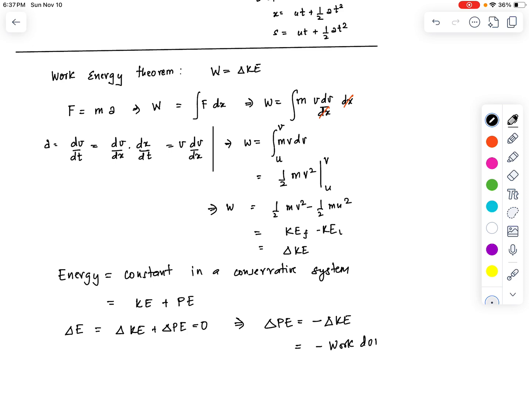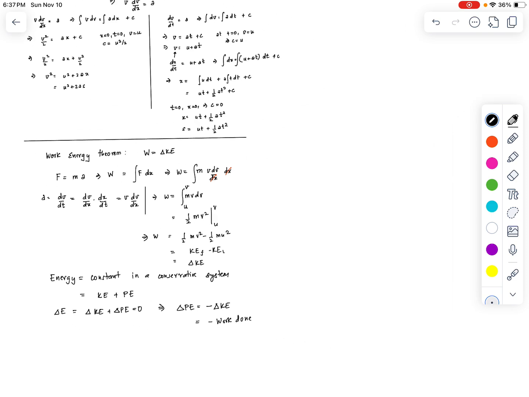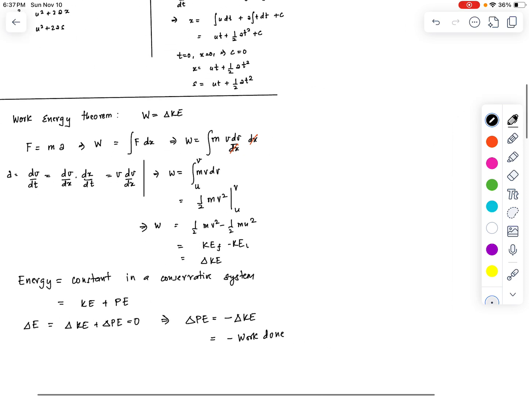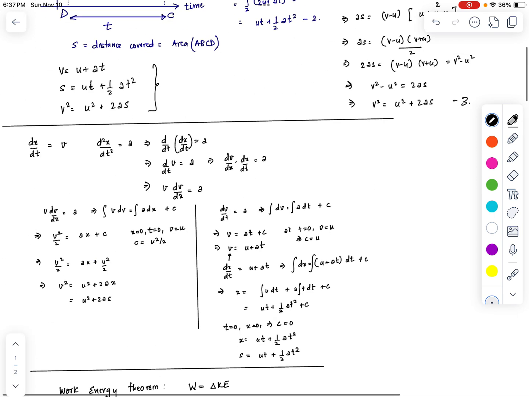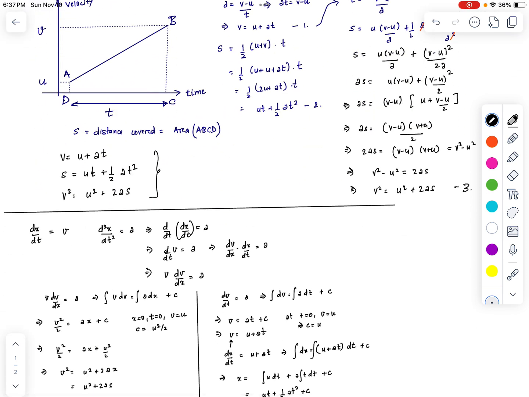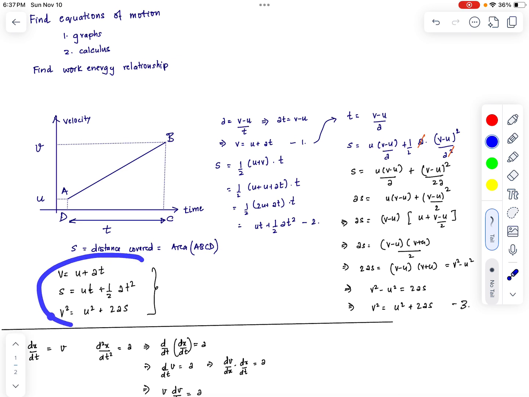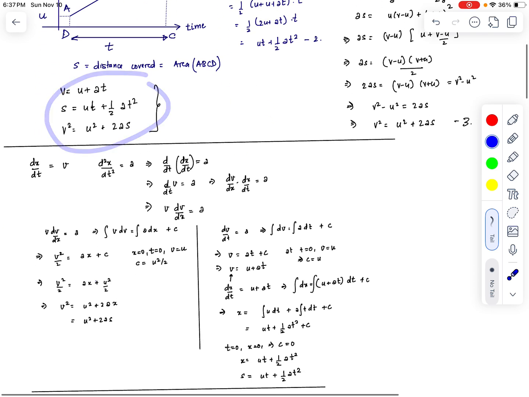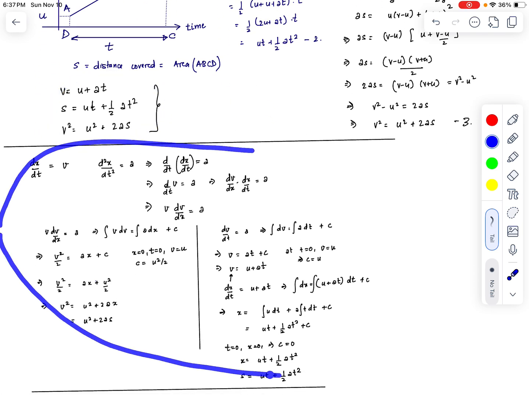Okay, so here we have looked at some calculus ideas. We have looked at some graph based ideas to derive some equations, right? So to recap, we computed the equations of motion using graphical means, and we computed the equations of motion using calculus here.